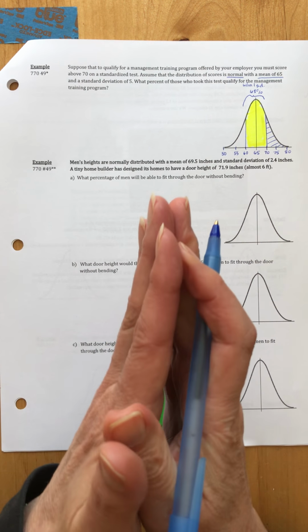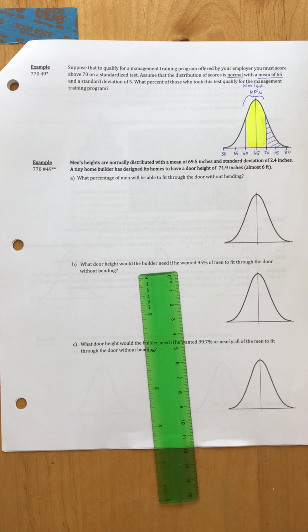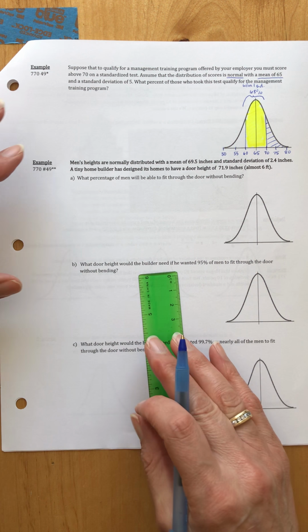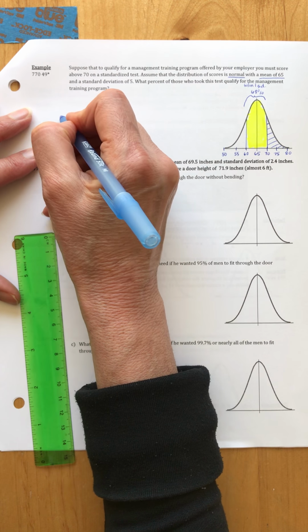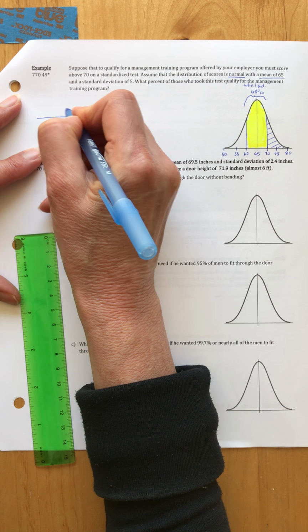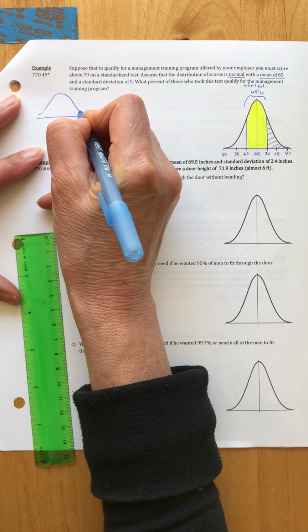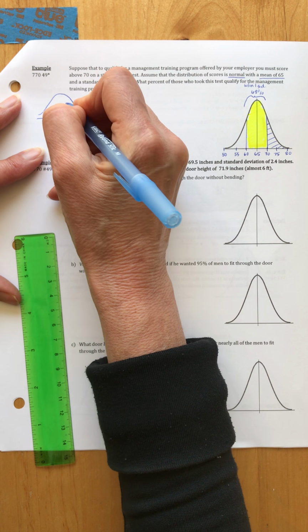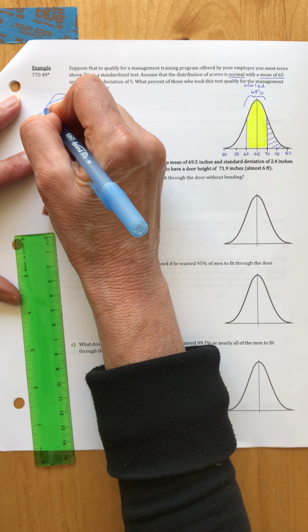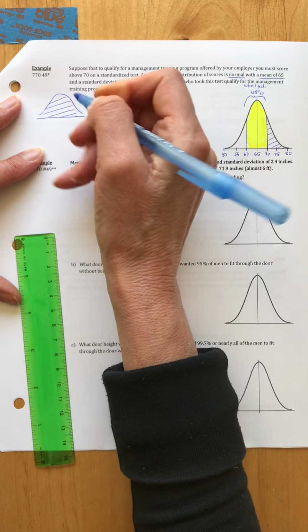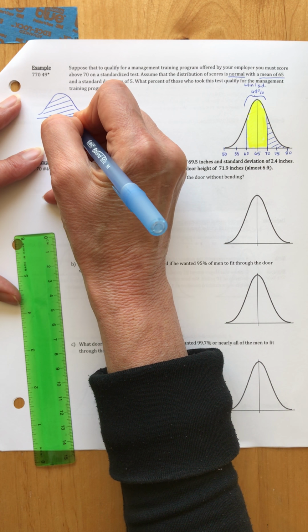Let's think about what the whole thing is. The whole thing is 100%. Let me draw you some little pictures here. If we take all of this underneath the curve, the whole thing, that is 100%.